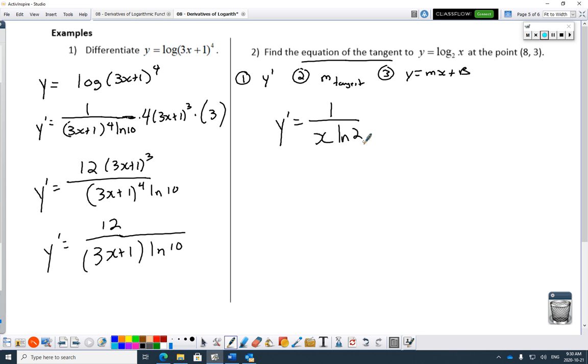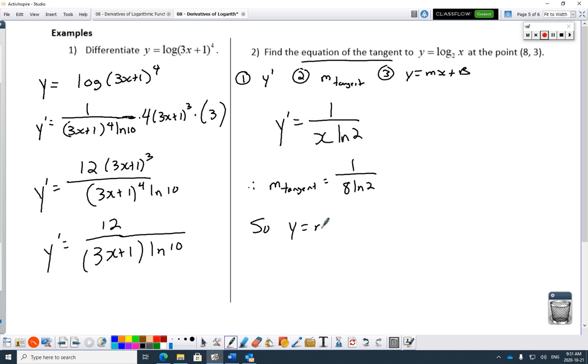But that was all. Yeah? Derivative of the inside is just 1, so there's a nice y prime. So therefore, m tangent equals 1 over 8 ln 2. I sub the x in and get that m tangent. Now I'm done step 2.